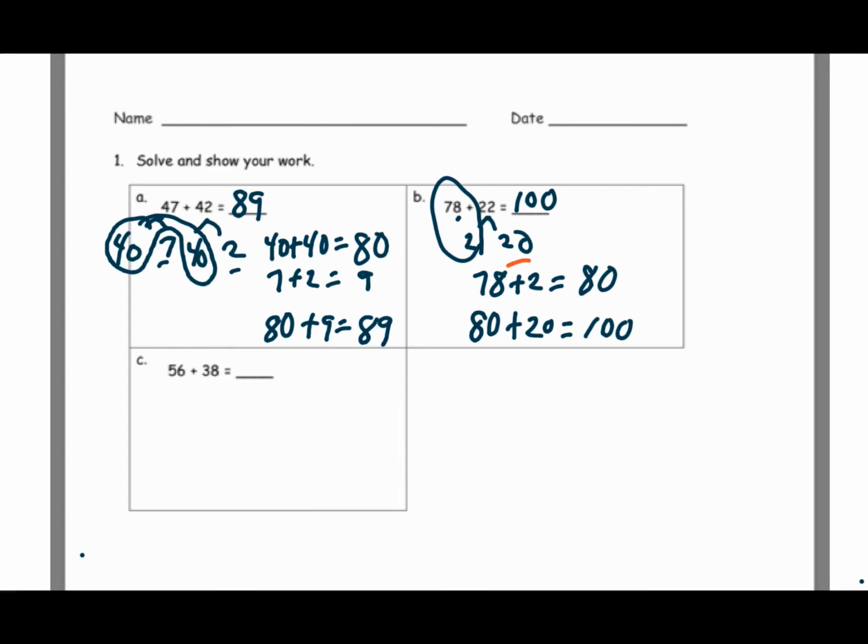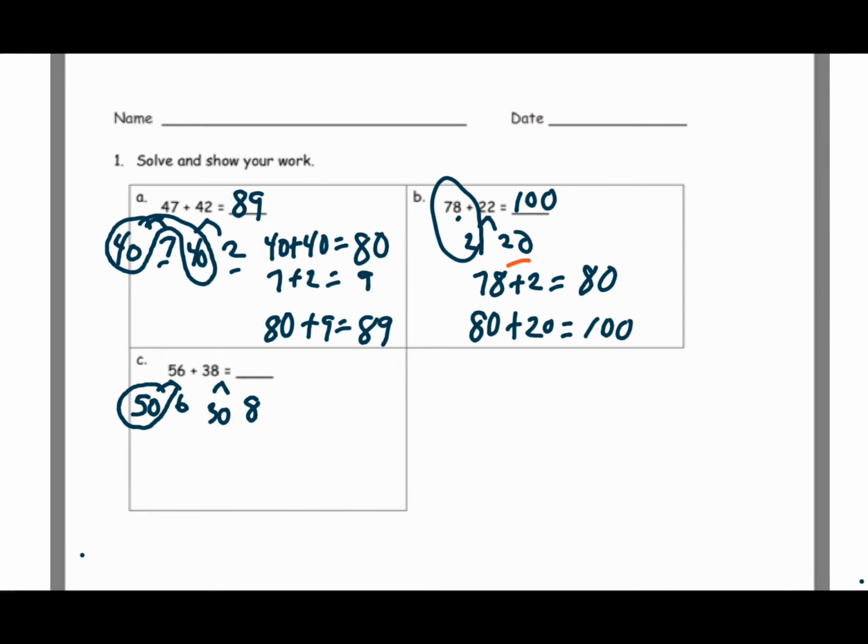Okay, and for the last problem, boys and girls, 56 plus 38. This one is really challenging for me. 56 plus 38. I think I'm going to put the 10s with the 10s and the 1s with the 1s. So I'm going to break this into 50 and 6, and this one will be 30 and 8.